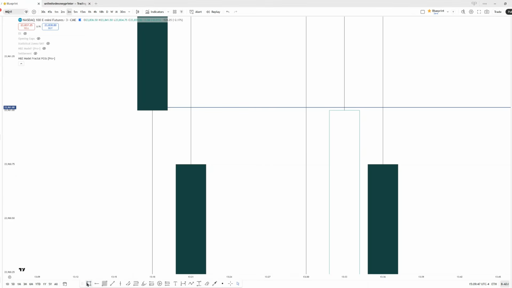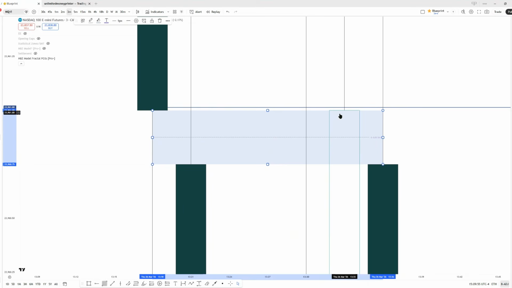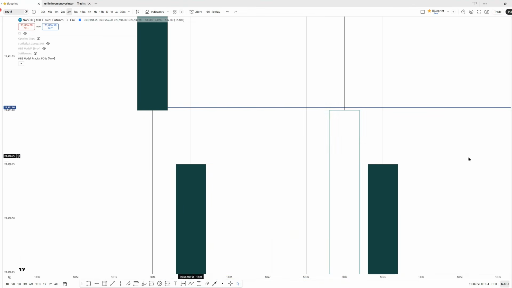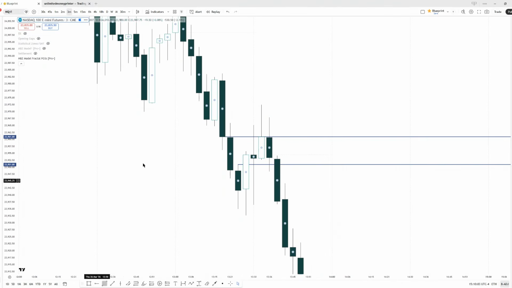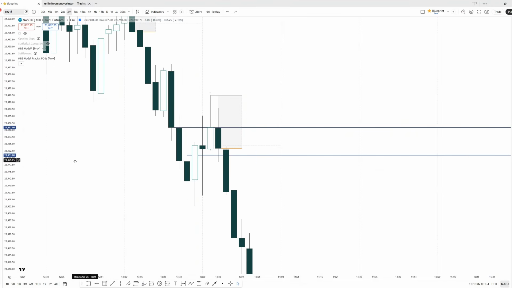The price action in between that, with no bodies, just wicks, that is your volume imbalance. Because the candle closed right at it, the indicator still marks it as an MBZ based off the 3-minute time frame, because we're including that into the fair value gap. So that's what it's looking for.